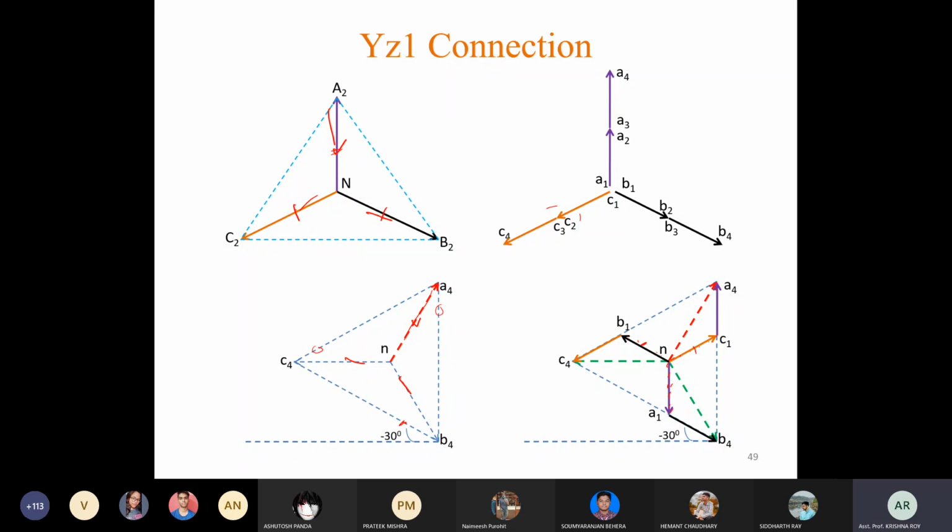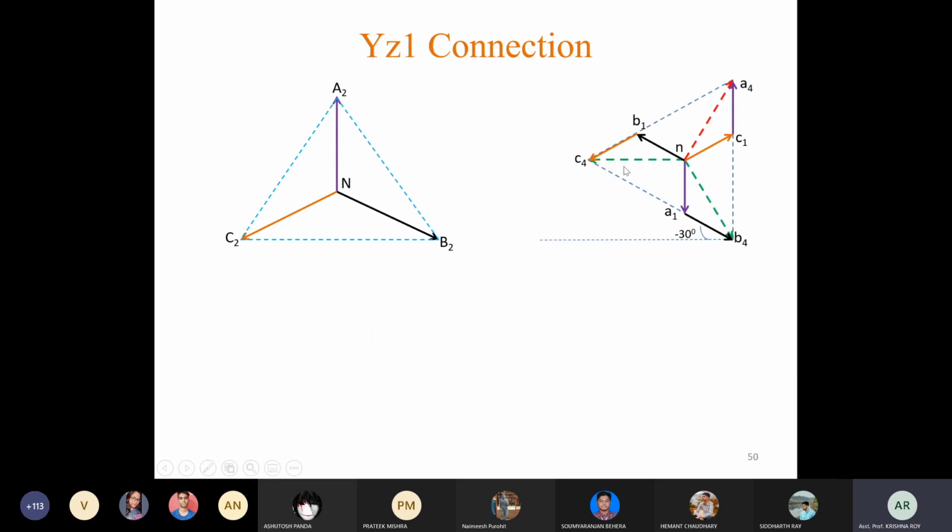So phase angle between V B2 C2 and V B4 C4 is 30 degree, and this one will lag this one by this angle. So minus 30 degree phase displacement.